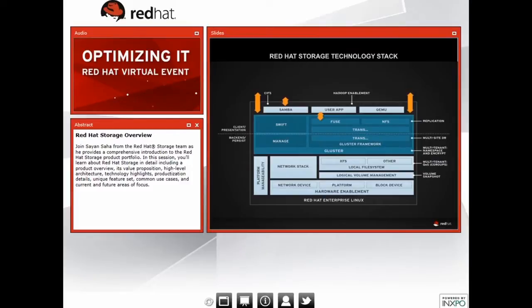So it's basically the RHEL storage stack that we build upon. The dark blue, or the blue overlay on top of the RHEL storage stack, is the Red Hat storage functionality or capabilities.